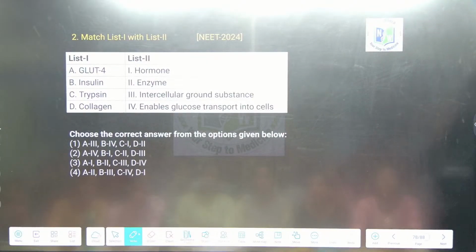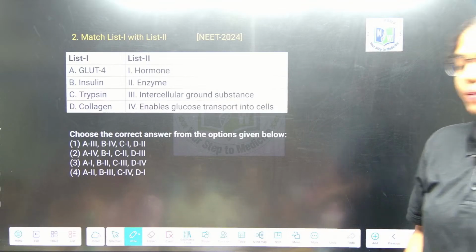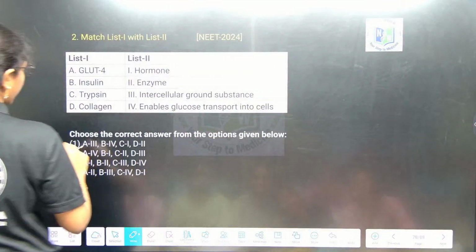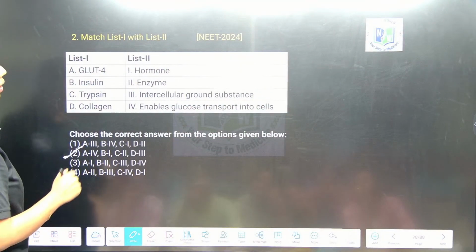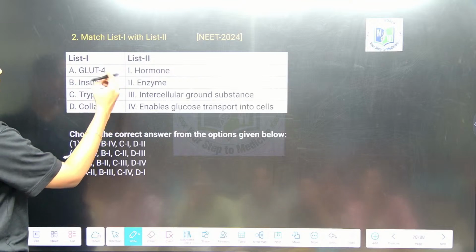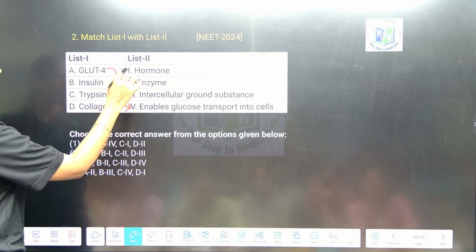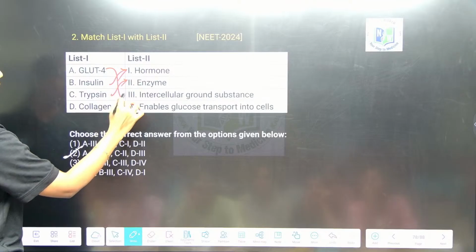Only this row. Option B. GLUT4 is what? Insulin, trypsin, collagen.